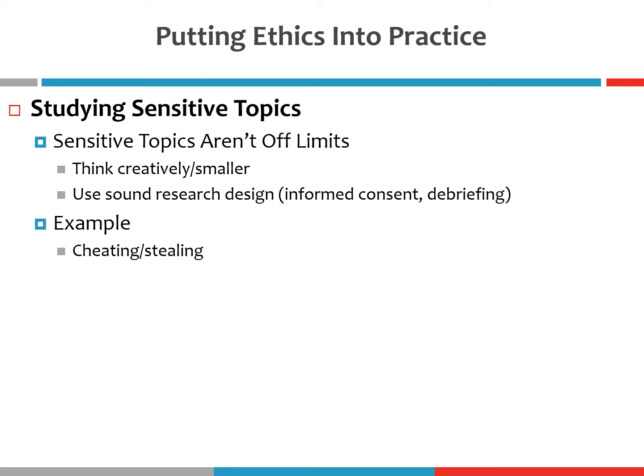But obviously, if we were interested in studying these topics, we couldn't require participants to, for example, cheat on an exam or cheat on their taxes, or we certainly couldn't require them to commit some sort of petty theft as part of our experiment, because the ramifications would be too significant for our participants, right? So how do we study these topics in a more controlled laboratory setting?